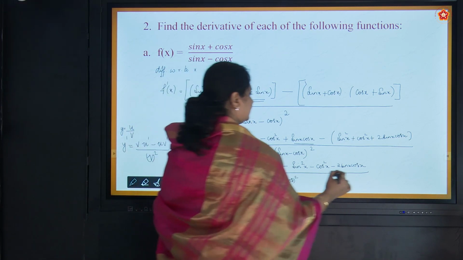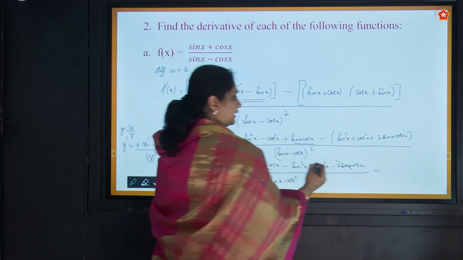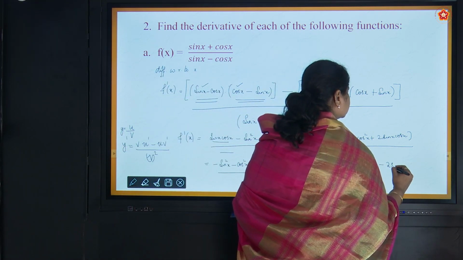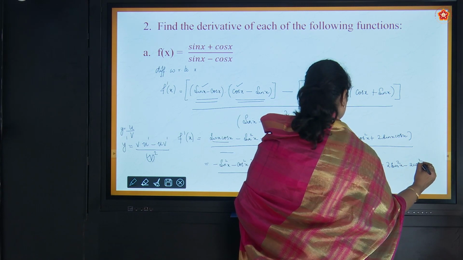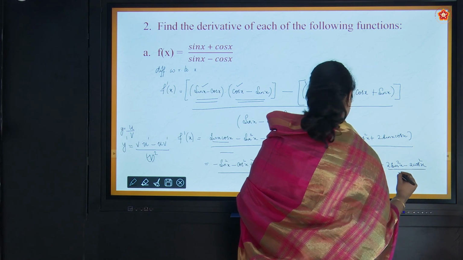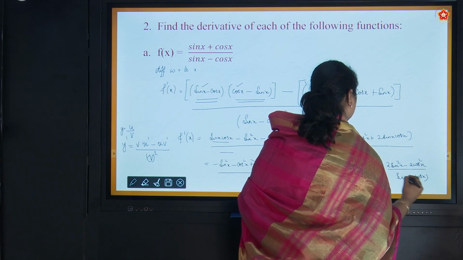So this can be rewritten as, this and this get cancelled out, minus 2 sin square x minus 2 cos square x, by sin x minus cos x the whole square.